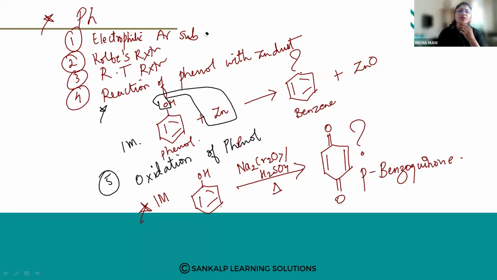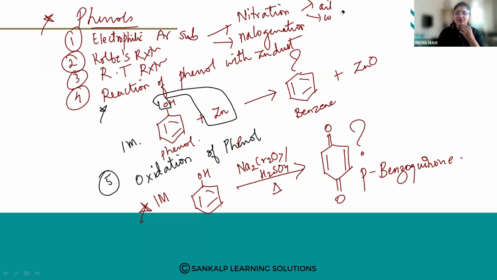In electrophilic substitution reactions, what all have we seen? We have seen nitration and halogenation. In nitration, we saw 2 reactions, with dilute HNO3 and with concentrated HNO3.